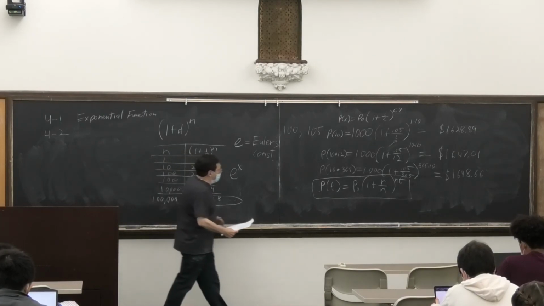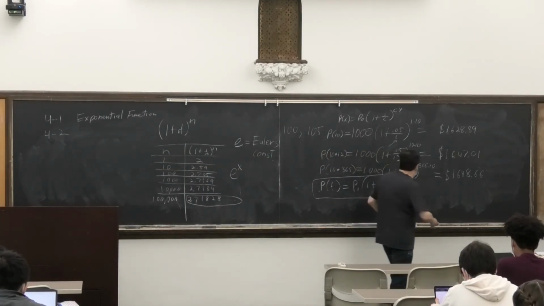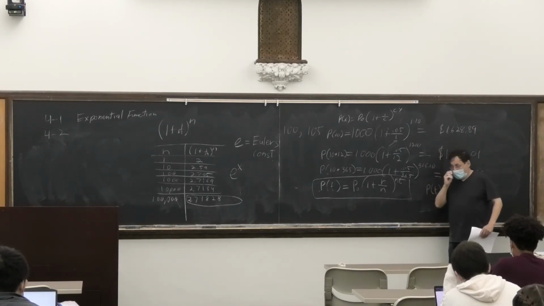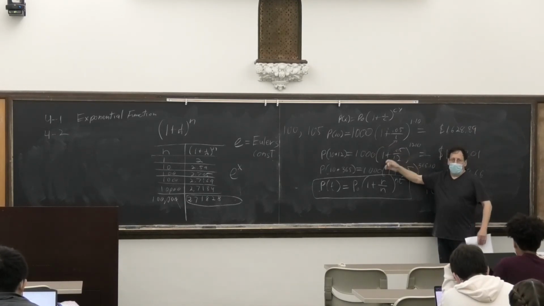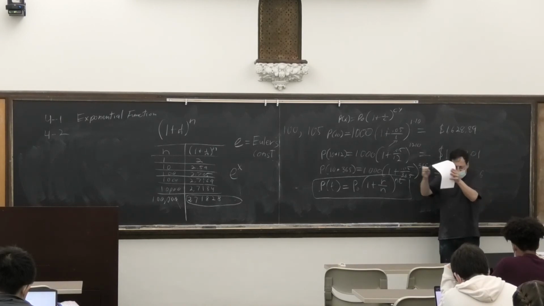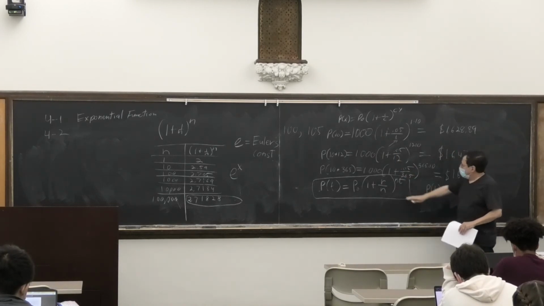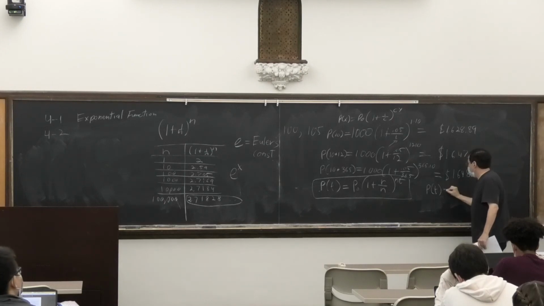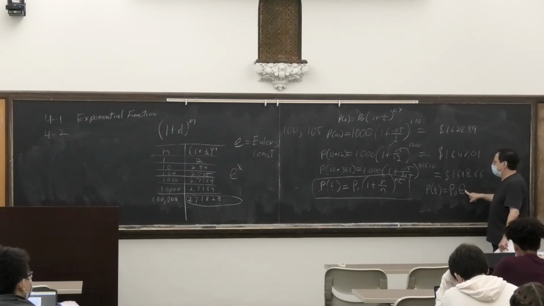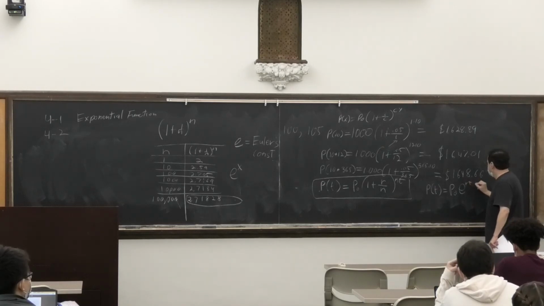Well, what does this have to do with compounding interest? If I go to a bank, and instead of saying we compound it yearly, monthly, daily, we compound it every instant, every infinitesimal instant, instead of this equation, we get a much simpler equation. Our original amount times e to the RT.